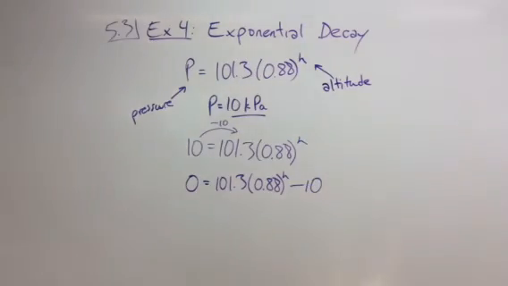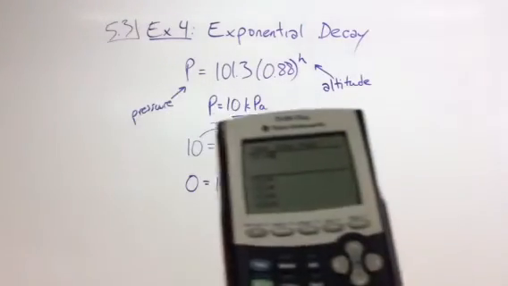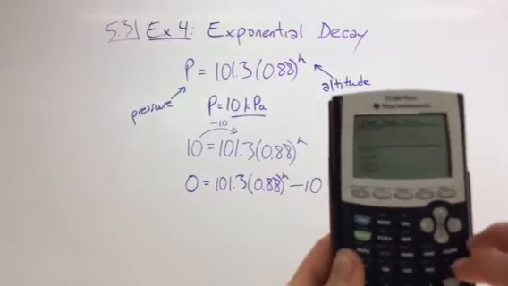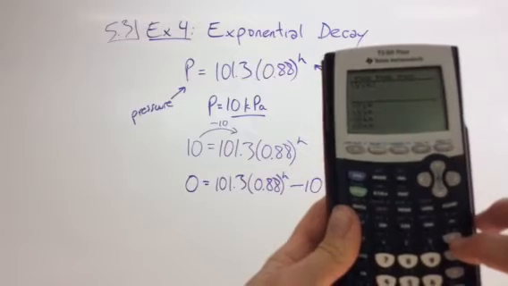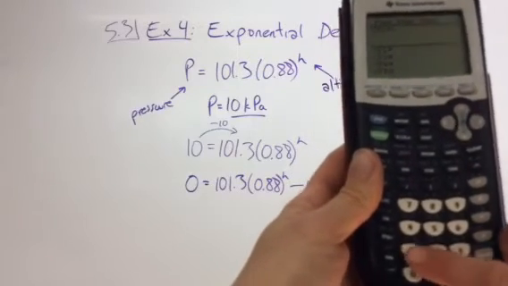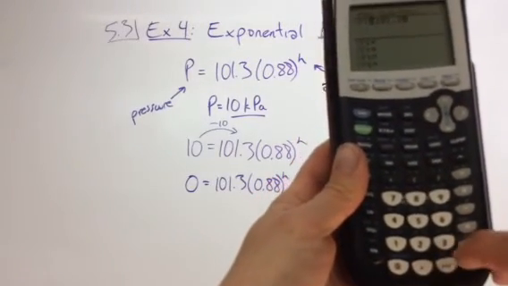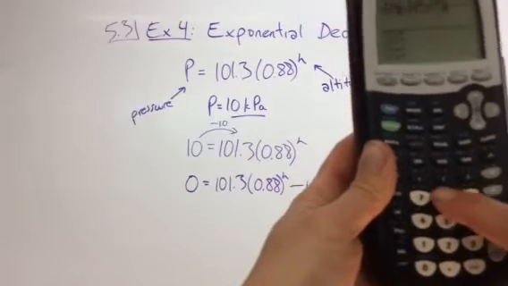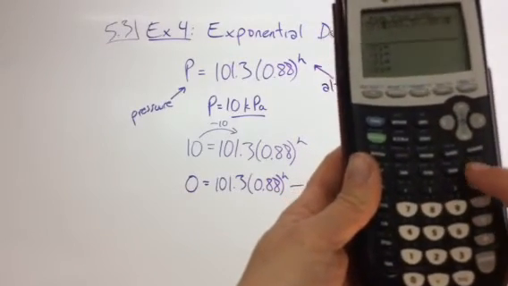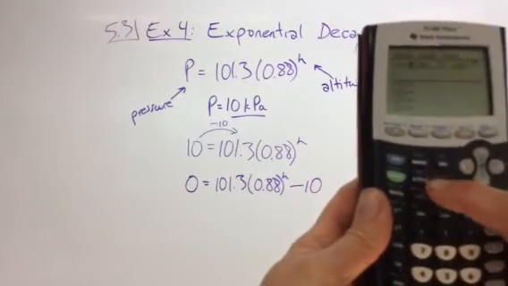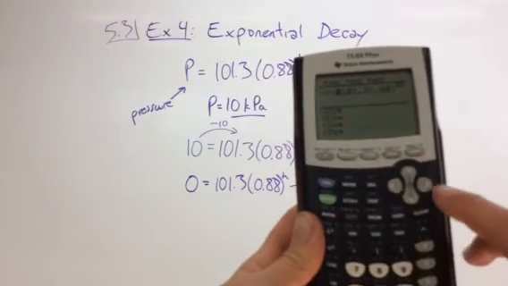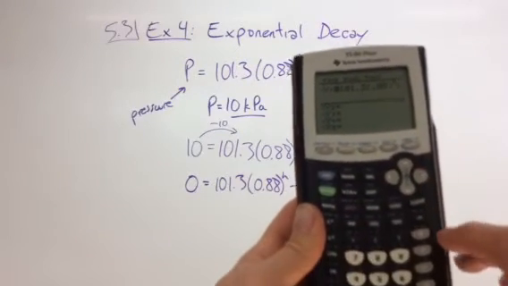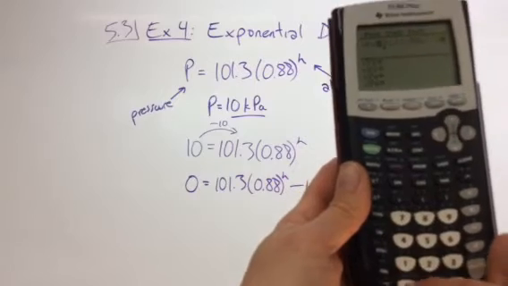Then I'm going to plug in this equation that I have created. 101.3 times 0.88 to the power of my variable. Page over so that it goes down to normal, minus 10.